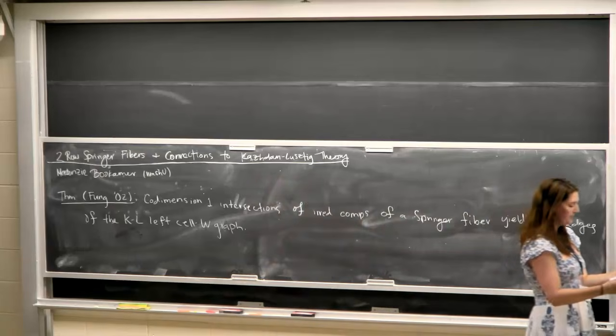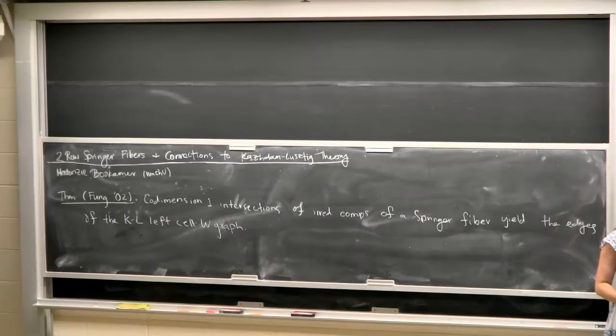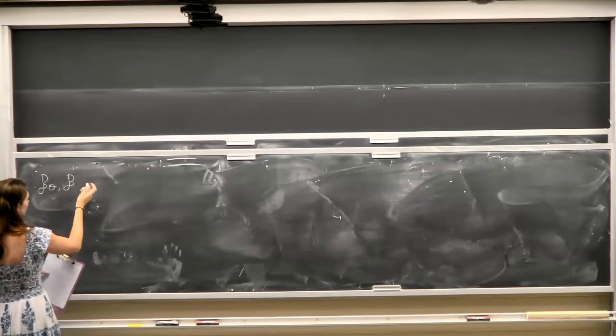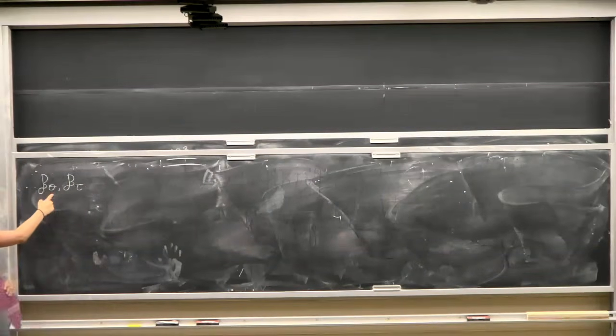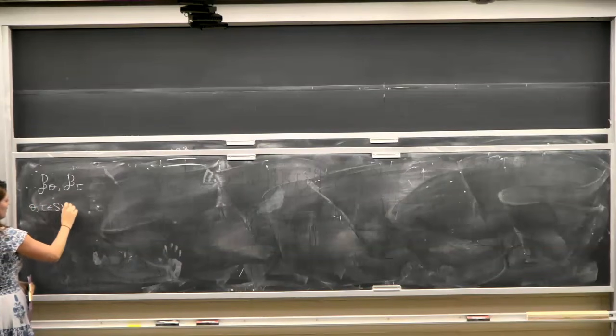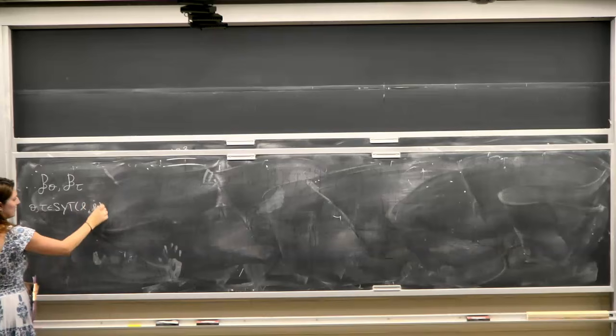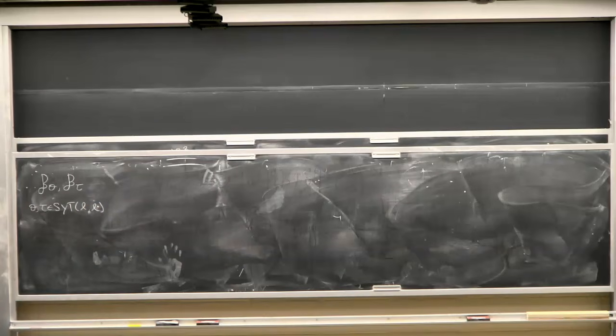For this two-row case, let's denote components of our Springer fibers as curly B sigma and curly B tau, where sigma and tau are standard Young tableaux of shape LL. We can index these Springer fibers with these two-row tableaux.